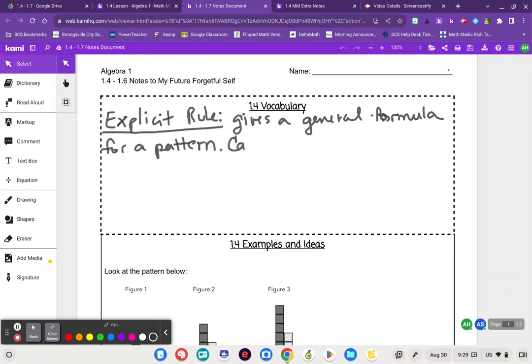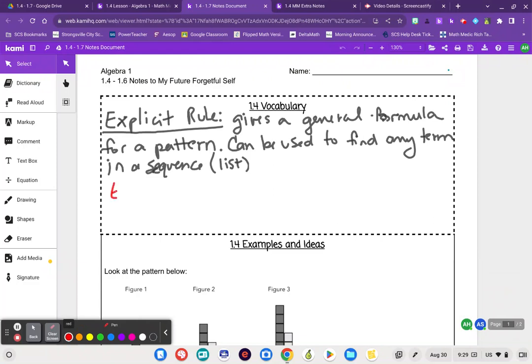And then this rule can be used to find any term in a sequence. And just a reminder, when I say sequence, I mean a list of numbers.